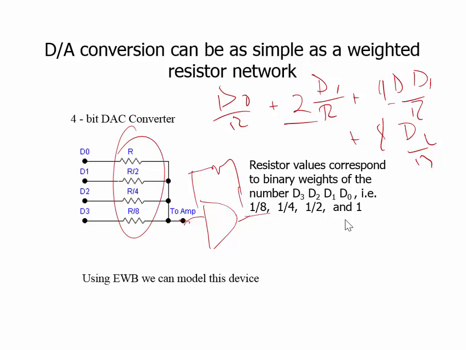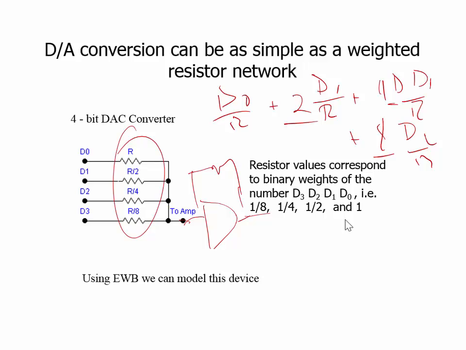So what you're seeing here is that I can weigh each one of these, where D3 is worth 8 times the value of D0. So I can set up this 4-bit digital to analog converter. It's very easy to convert things from the digital world to analog, as we could set up these summing amplifiers.